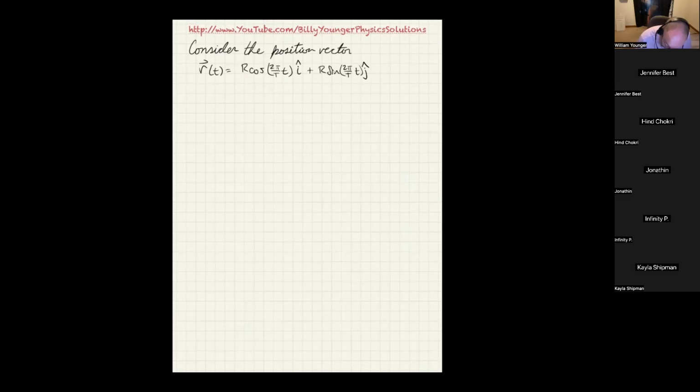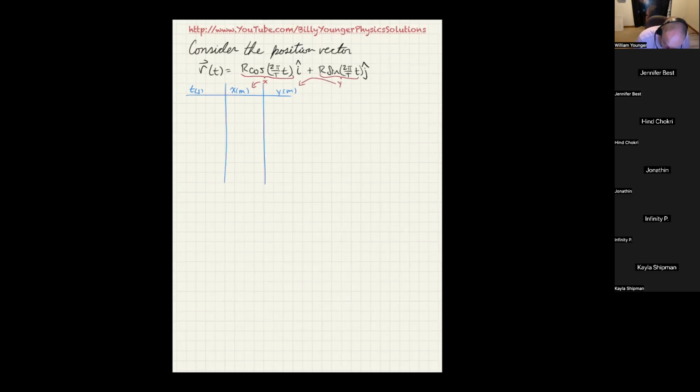Now, what I would like you to do is imagine t being in seconds, x being in meters, and y being in meters, like this. And notice the stuff to the left of the i hat. That's the x. So this part right here is the x that goes in there, whereas this part right here is the y that goes in here.